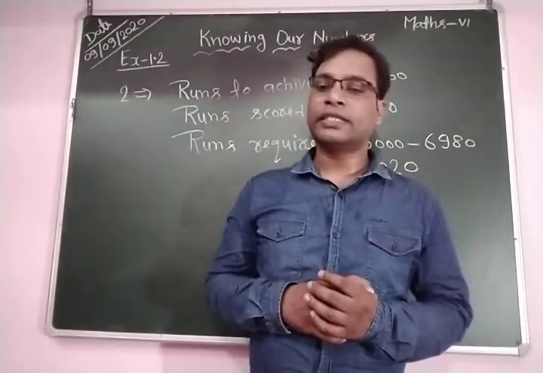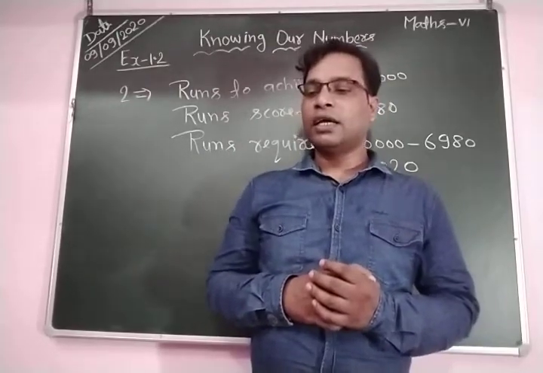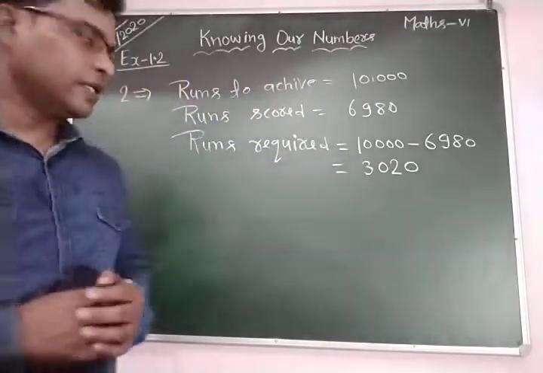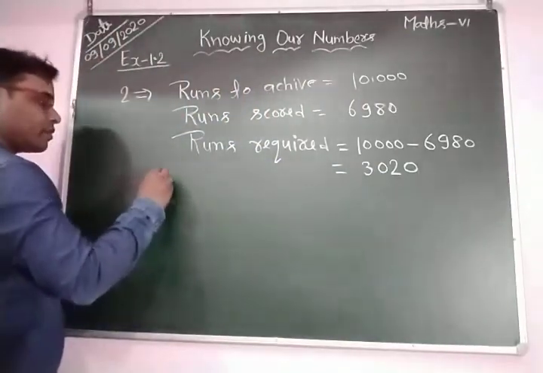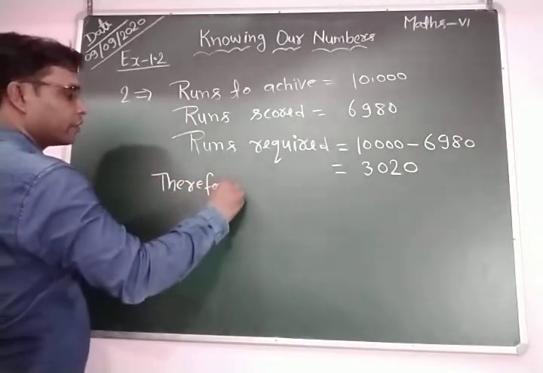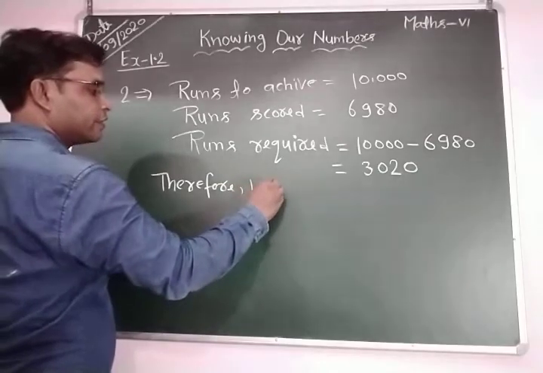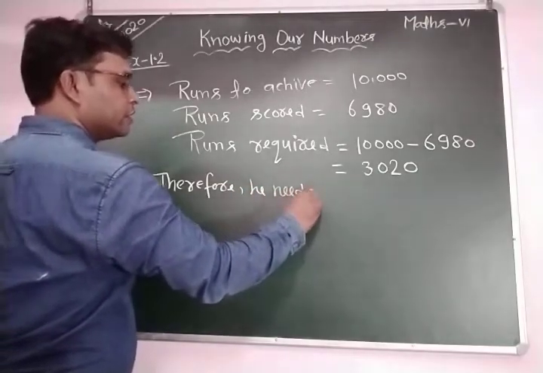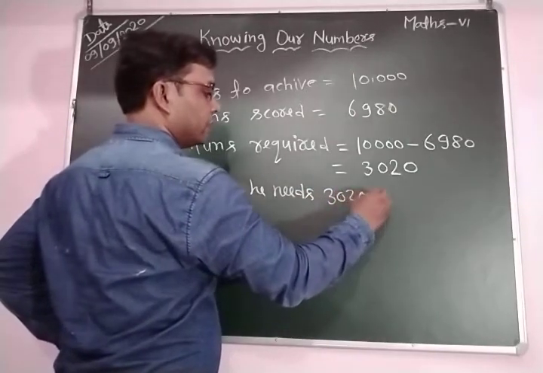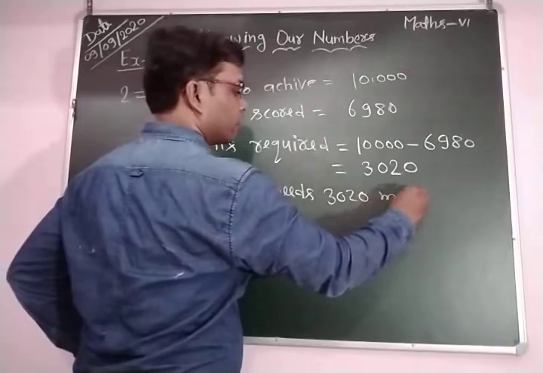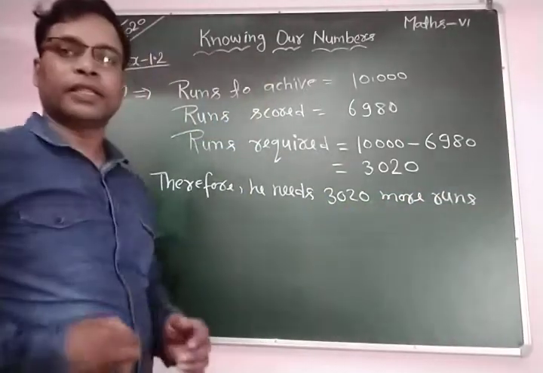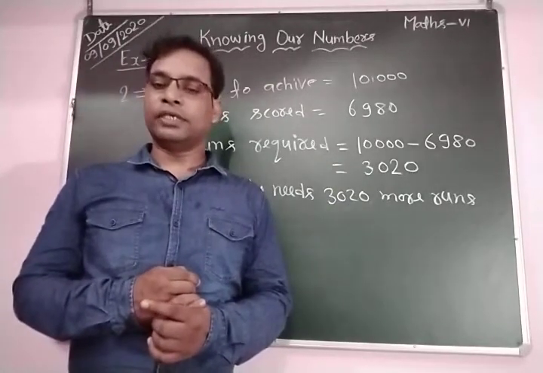At last we can say, therefore, he needs 3,020 more runs to complete their 10,000 runs.